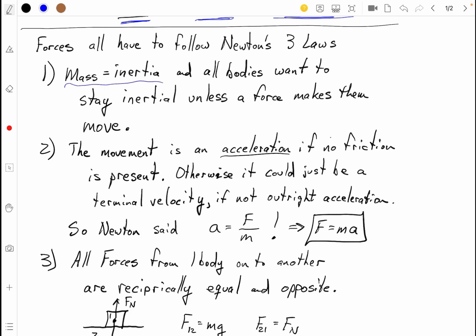You got to know this. All bodies have mass, and therefore they want to stay inertial. They want to stay still, or they want to keep a constant velocity. But if a force makes them move, that's the whole point. That's why they call it a force. You are being forced to do something.